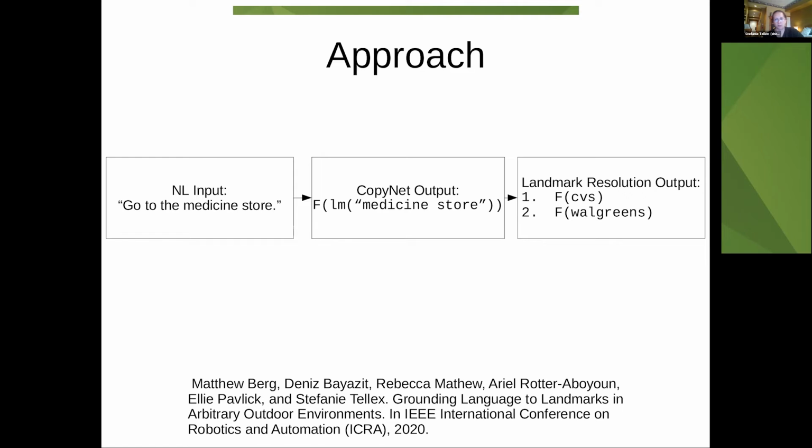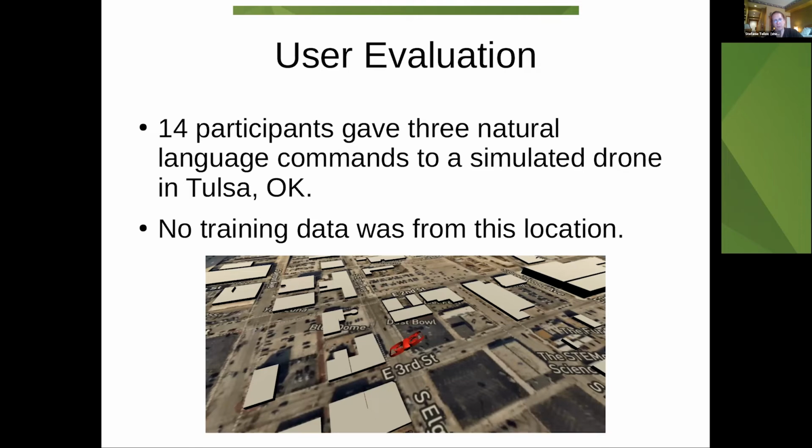So we vectorized the noun phrases and all the landmarks, and ran a search to figure out what landmark in the map, what grounded landmark, the person was talking about. And then this lets you take the model, which maybe was trained on data that was collected in Providence and in Boston, and take it somewhere else.